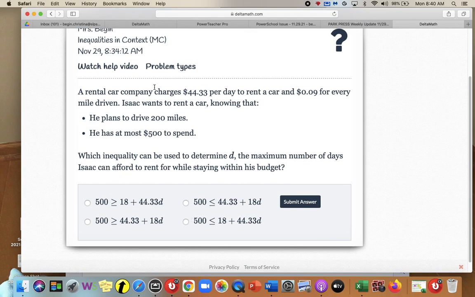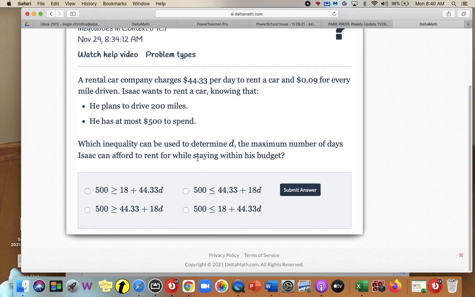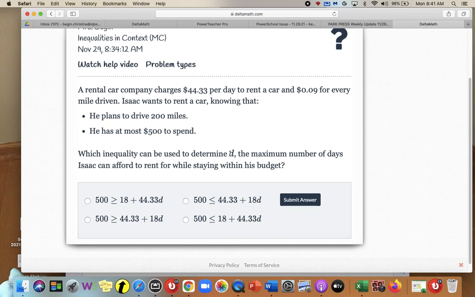It says a rental car company charges $44.33 per day to rent a car and 9 cents for every mile driven. Isaac wants to rent a car knowing that he plans to drive 200 miles and he has $500 to spend. Which inequality can be used to determine D, the maximum number of days he can afford within his budget?